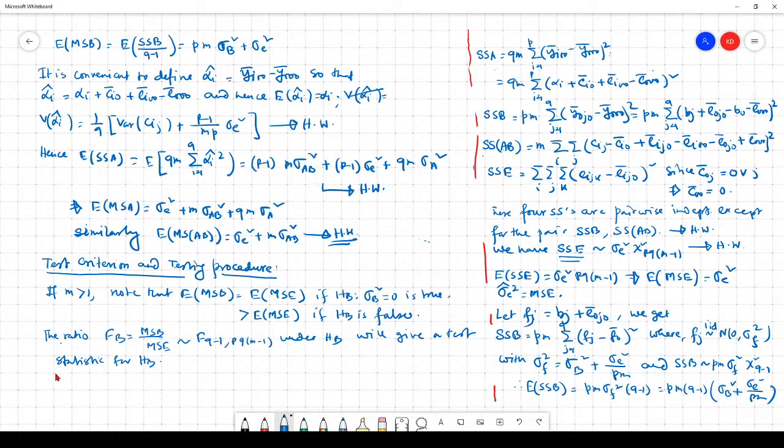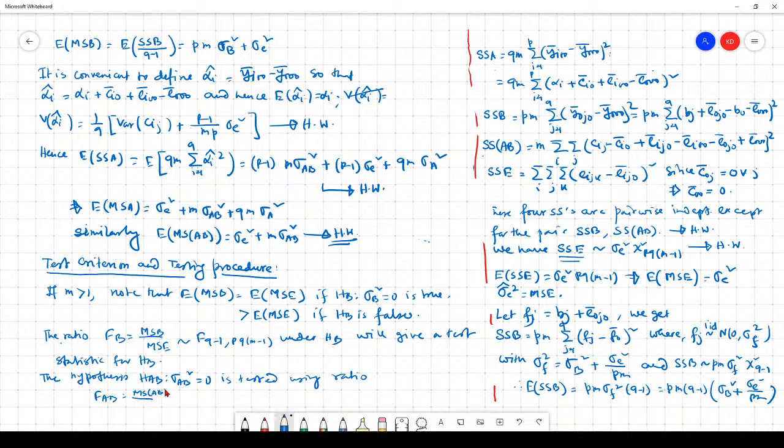Next note, the hypothesis HAB sigma AB square equal to 0 is tested using ratio FAB equal to MSAB.